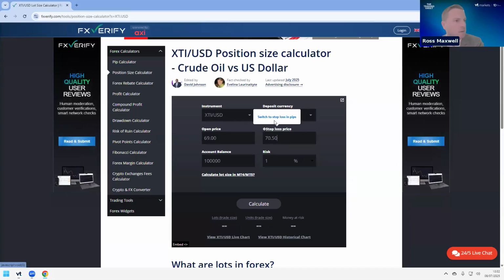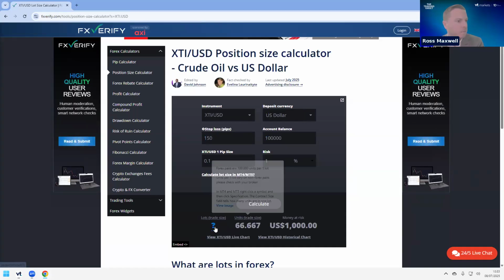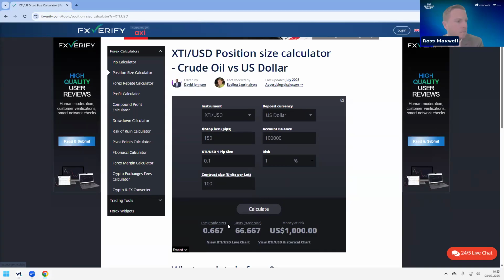If we change this to pips, we're going to have 150 pips. So it's 0.67, 0.7 lots. Sorry, 0.7 lots.